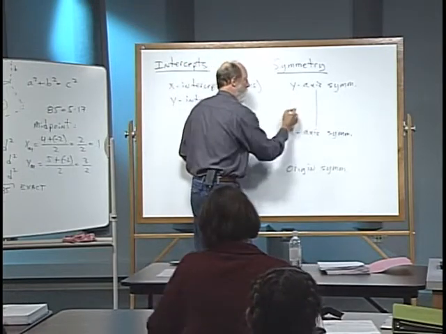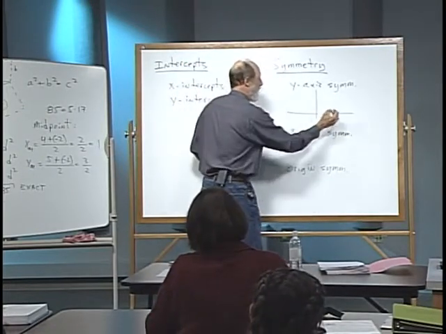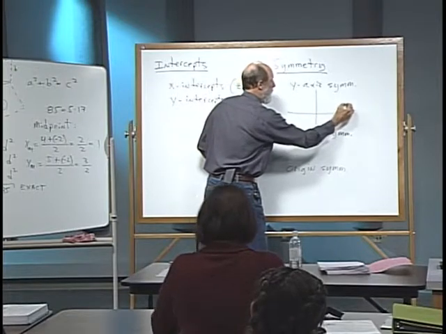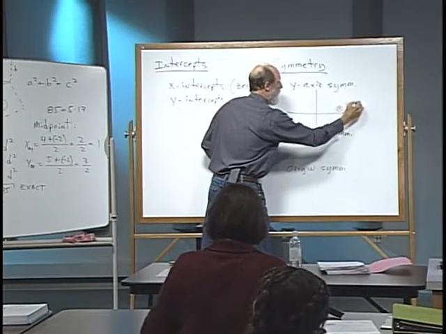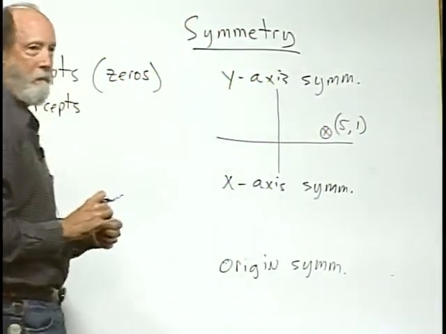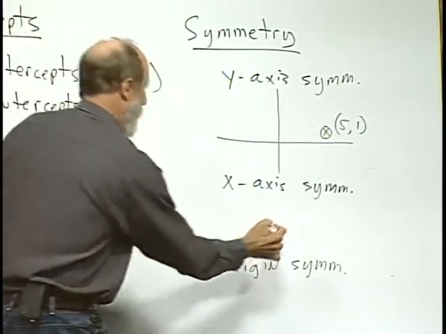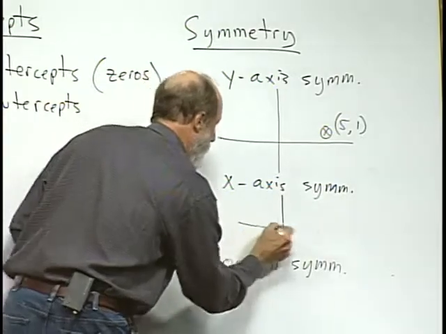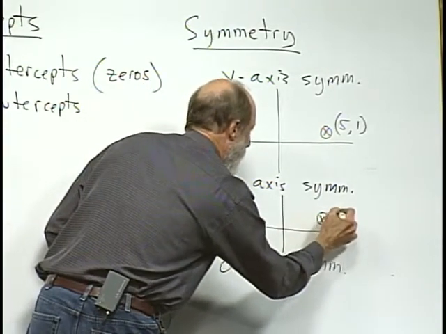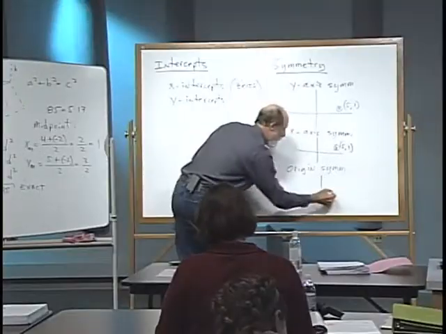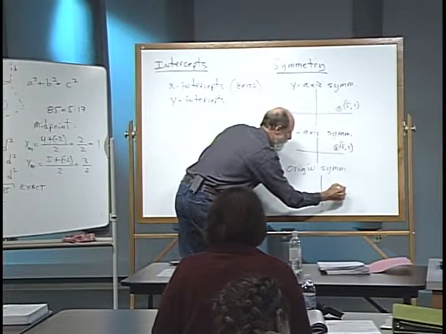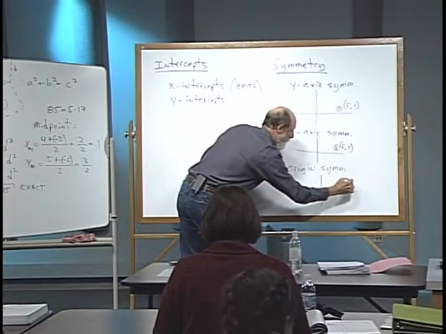Let me draw a simple sketch here, and let me put a point down here, say, over here at 5, 1. Let me use the same point down here, 5, 1, and the same point down here, 5, 1.